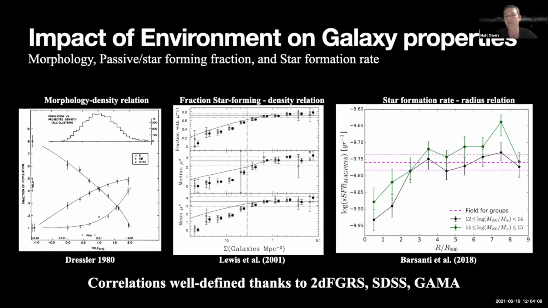We see fewer star-forming galaxies in the rich cores of clusters, and we also see that the star formation rate of star-forming galaxies decreases as you head towards the centers of groups and clusters of galaxies, all of which indicate that the environment is an important factor in shaping the properties of galaxies in terms of their morphology and their star formation.